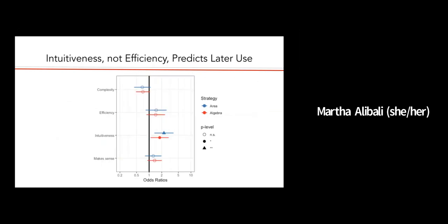And in fact, when we compared the different kinds of dimensions, we found that intuitiveness was actually a stronger predictor of later use of the strategies than efficiency. Efficiency was positive, but not significant when we controlled for the other rated dimensions. So you can stay tuned, and maybe at the next MCLS, we'll tell you more about that line of work.